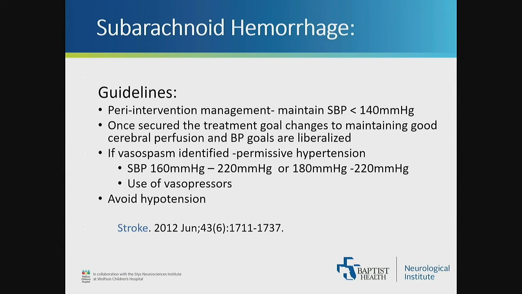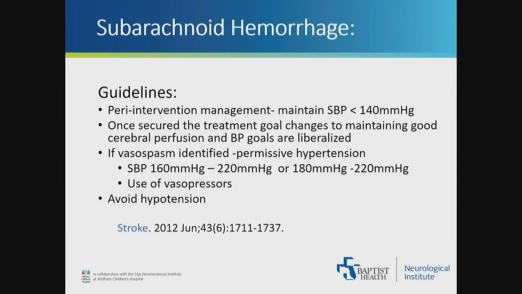Current guidelines are to maintain a systolic blood pressure less than 140, and this is typically prior to securing the aneurysm. We don't want any rebleeding with these patients. So once the patient's aneurysm is secured, most likely by coiling, our goal is to maintain good cerebral perfusion, and our blood pressure goals are going to change.